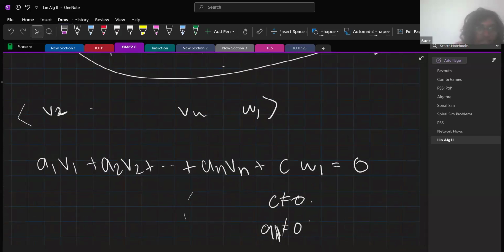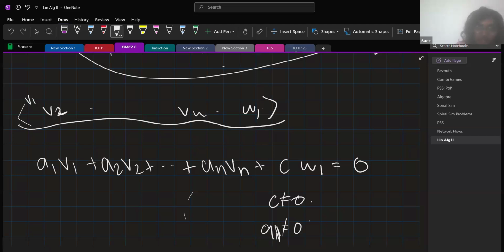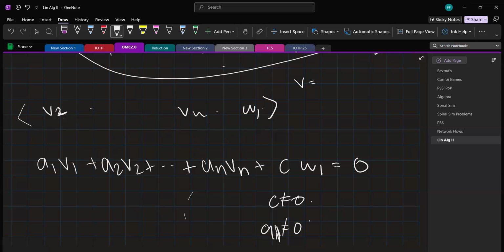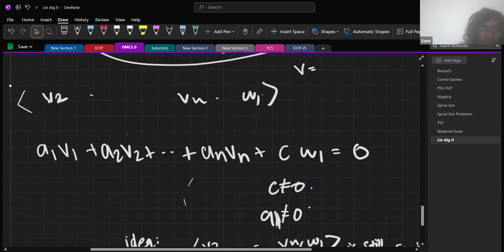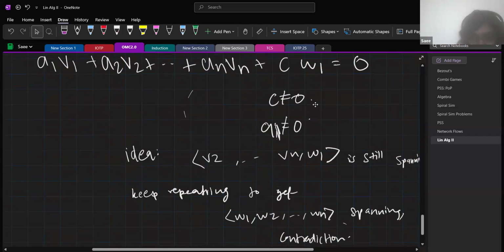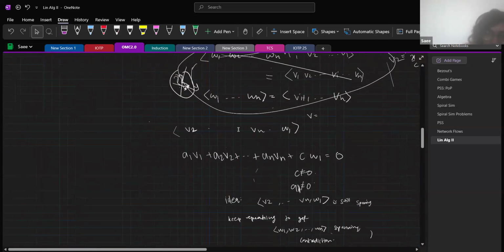So V1 we can write as a linear combination of V2 up until Vn and W1. So earlier, whatever we were writing as a combination of V1 to Vn, we can eliminate V1 by writing it as a linear combination of these remaining things. In the equation, you take it to the right side and divide by minus A1. Exactly. So any vector you can write as a linear combination of V2 to Vn and W1. And you keep on doing this. Okay, nice.